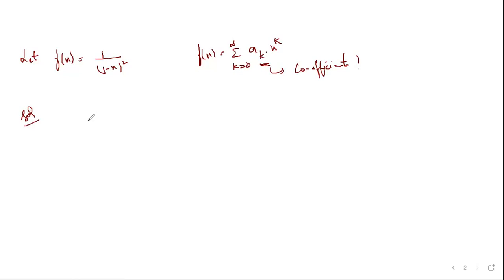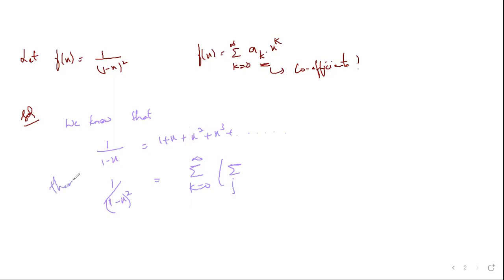So over here, we know that 1 by 1 minus x is equal to 1 plus x plus x square plus x cube and so on up to infinity. Now what will be 1 by 1 minus x whole square? It will be written as the sum from k equal to 0 to infinity. We are using the theorem which I have shown you earlier.